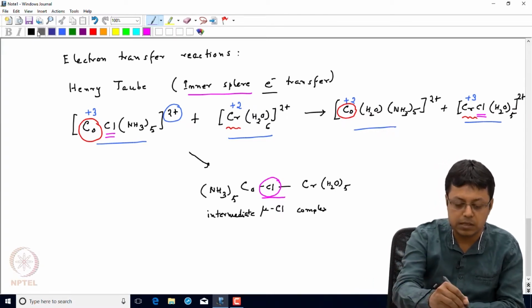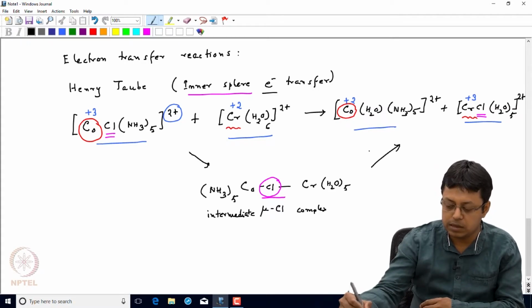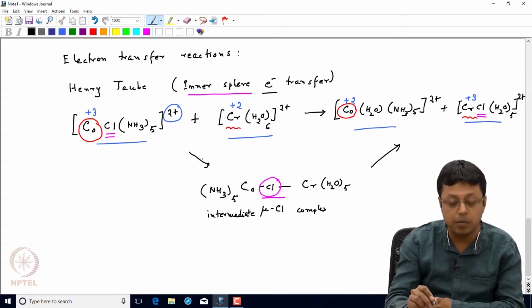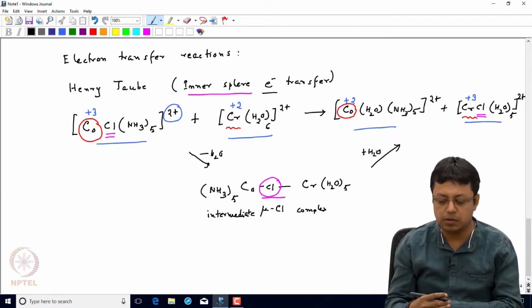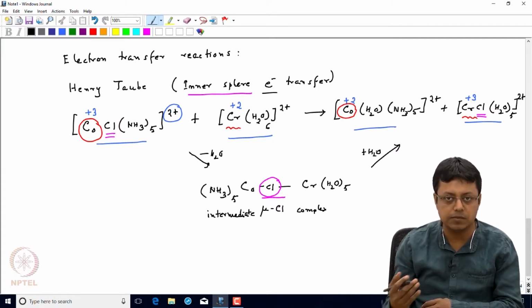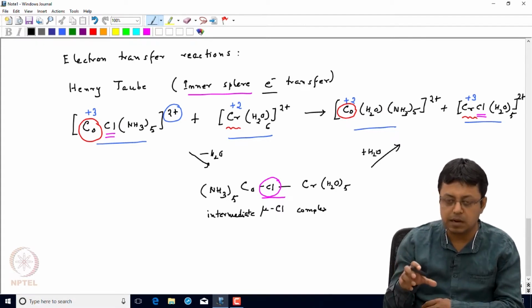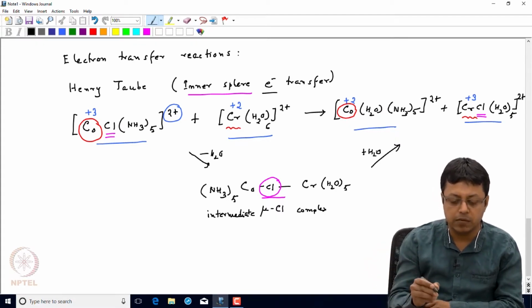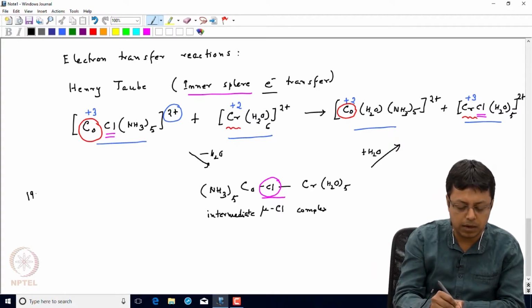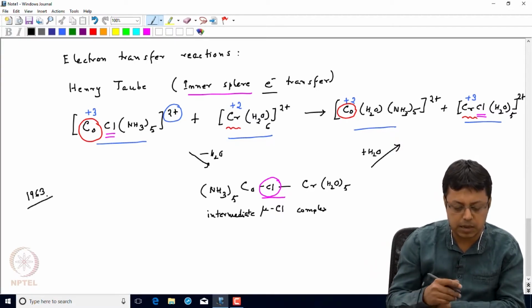Finally you will see this water molecule is being removed, and again it is being added, so the reaction proceeded through this pathway. And this kind of electron transfer, as the name suggests, is obvious from the mechanism: it is mediated by the ligand, which is a part of the inner sphere. For this work, Henry Taube won the 1963 Nobel Prize in Chemistry.